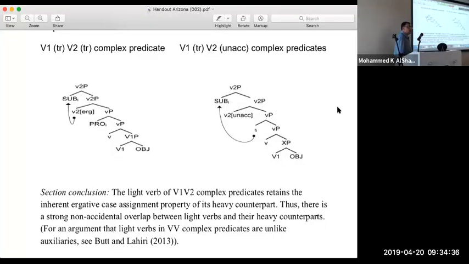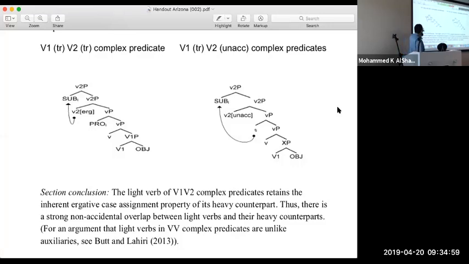The construction that we have here, I suggest, is a control construction, so that the thematic role for the external argument is coming from the lower VP shell, and it's assigned to pro, and the subject is getting case marked in the light verb shell higher up.